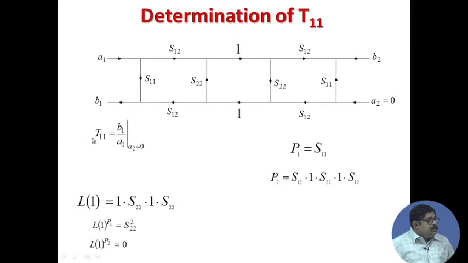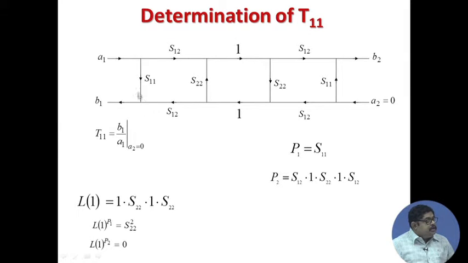So, this T1 will be B1 by A1 when A2 is equal to 0. That means, this side is matched, then how much are you getting. So, I will have to come from this independent variable to this dependent variable. What are the paths by which I can do it?